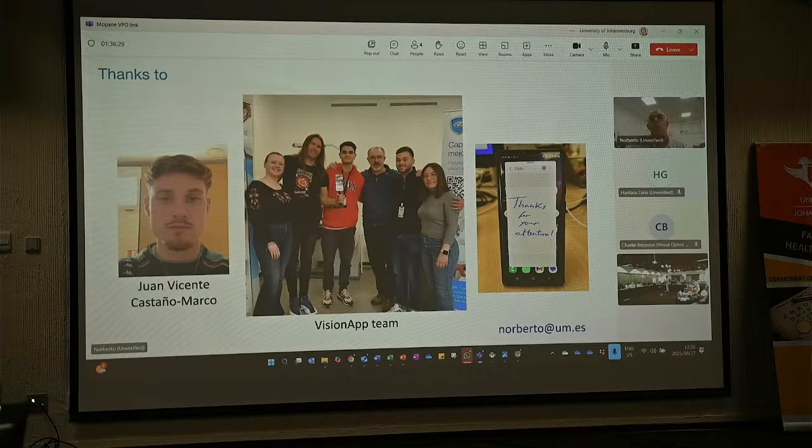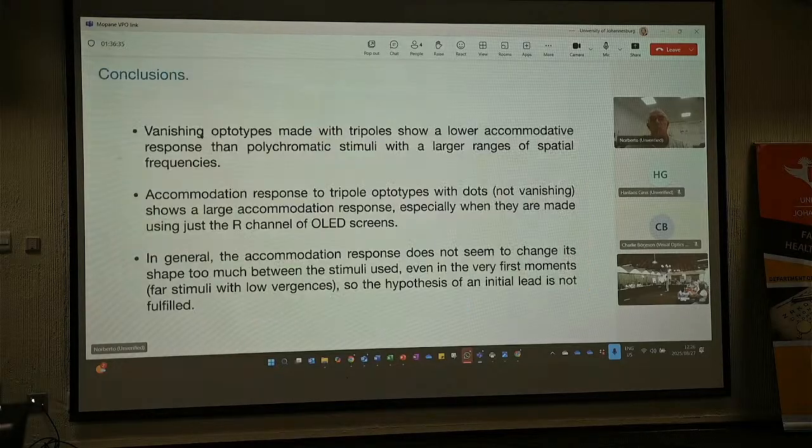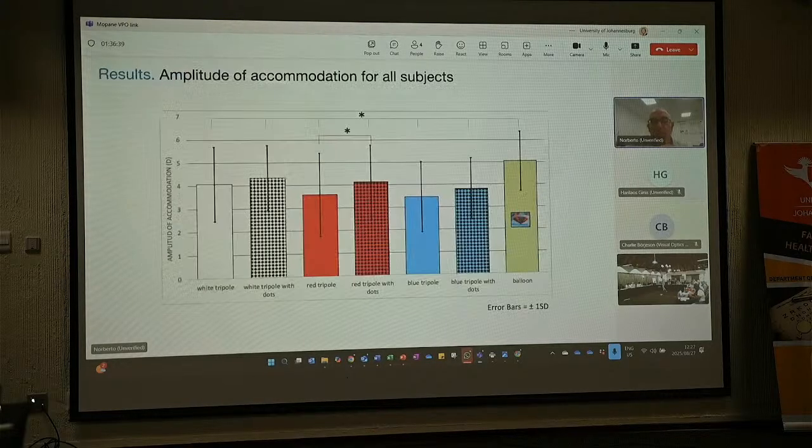Now, clinically, should we be doing accommodative tests with a chromatic test target? No. We just use this balloon as a standard one. Okay. But not with the chromatic test.